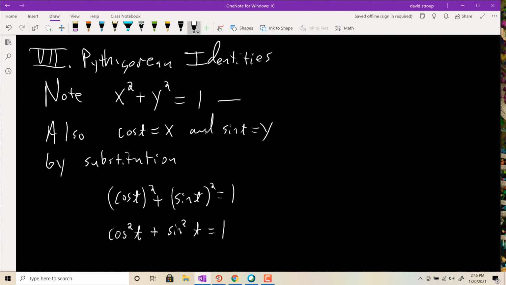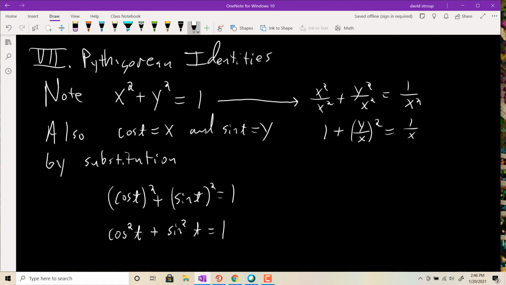Also, we can get more for our bucks from this equation just by dividing through by x squared. So what do we get there? If you divide through by x squared, you'll have x squared over x squared plus y squared over x squared equals 1 over x squared. That'll be 1 plus y over x squared equals 1 over x squared.